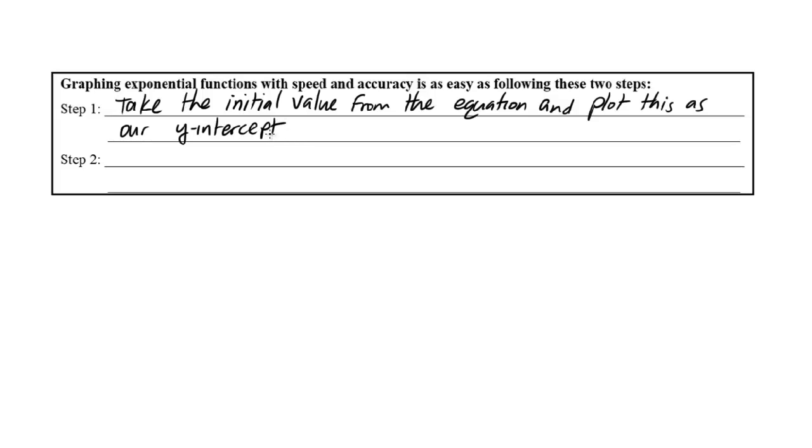If you can't read my handwriting, go ahead and pause it. That's our first step, and that's exactly what we did in the first 3 problems. Step number 2 is to multiply by the growth or decay factor, that number in parentheses, as you move to the right.